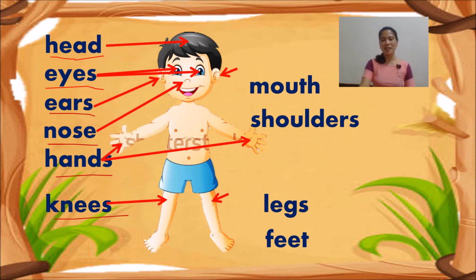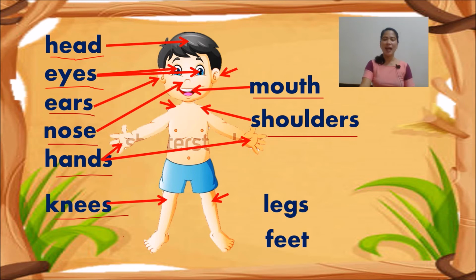How about the mouth? Where is the mouth? Can you point it out? Okay, so we have here the mouth. And then, how about our shoulders? Point the shoulders. Okay, let's do it. One, and then two.